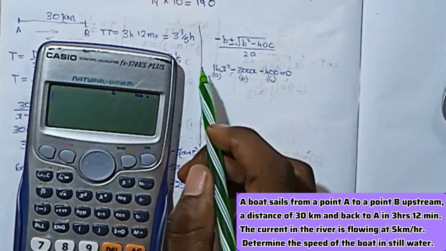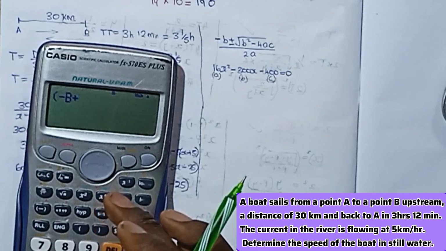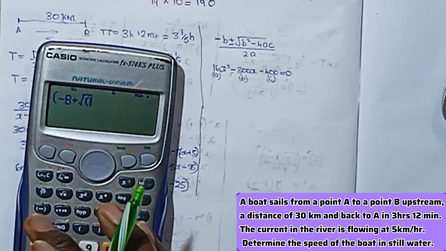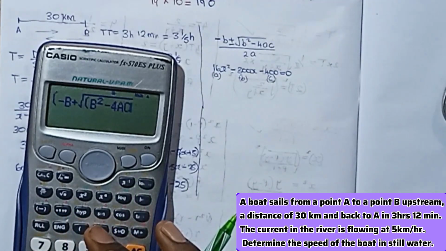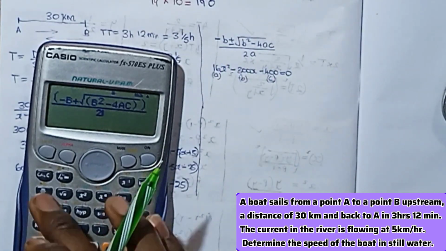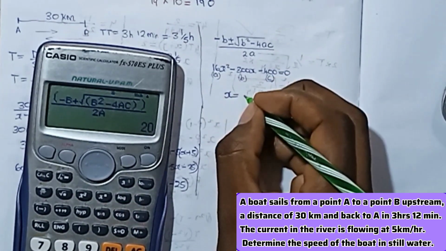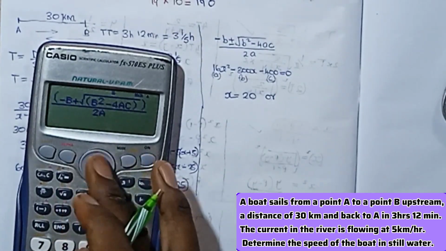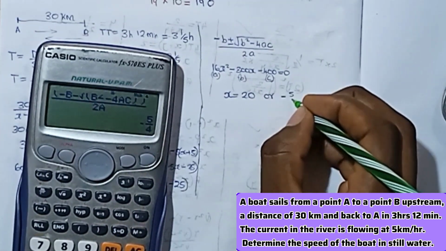When we write this equation, negative B plus or minus the square root of b square minus 4ac, close the bracket, then divided by 2a, we're going to have x is equal to 20, or when we insert a negative here, negative 5 over 4.